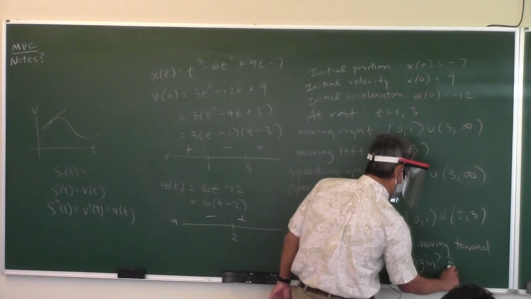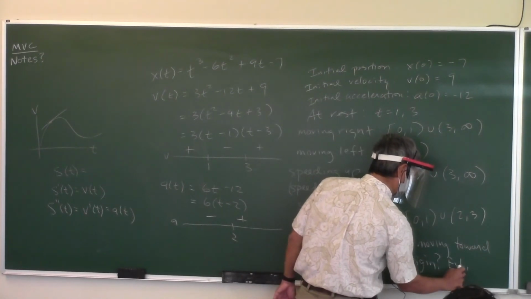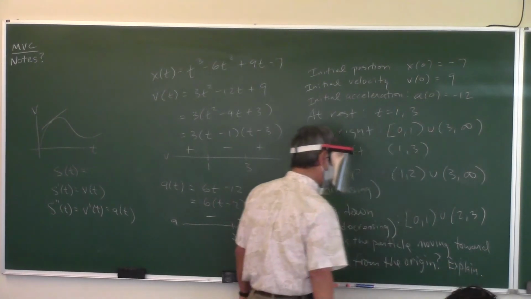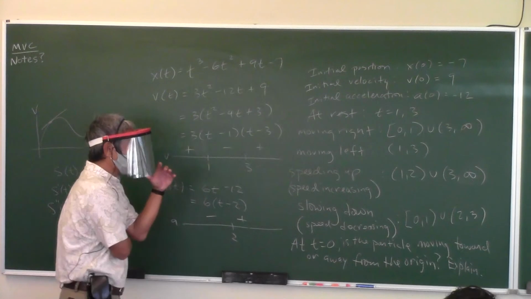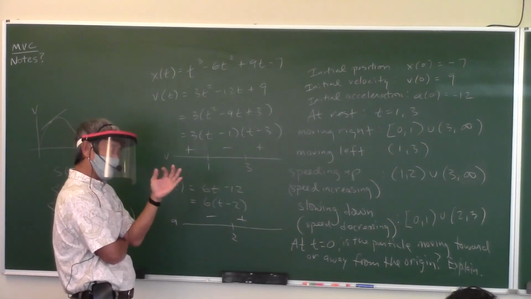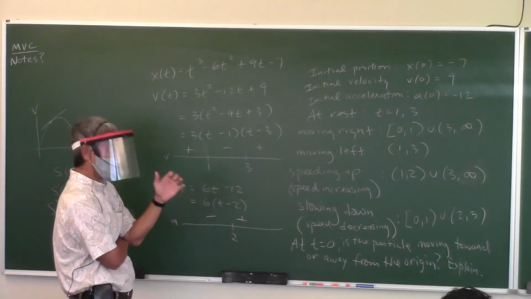And then you gotta explain why. Explain, that's not how you spell explain, fool. Explain. So, just think about it. What do you have to know to figure out if the particle is moving toward or away from the origin?